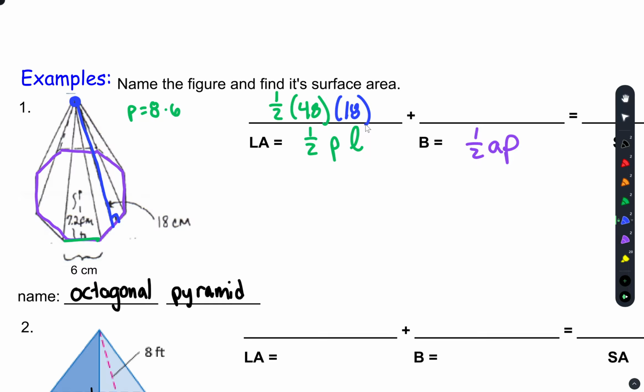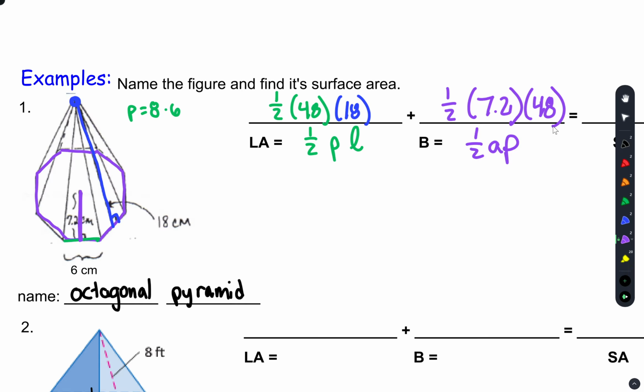Then I have 1/2 apothem times perimeter. Many times you're going to have to find this apothem yourself, just like we did in the last unit. In this case, it is already given to us. It's 7.2. And we already know the perimeter is 48. Don't waste your time trying to solve this by hand.